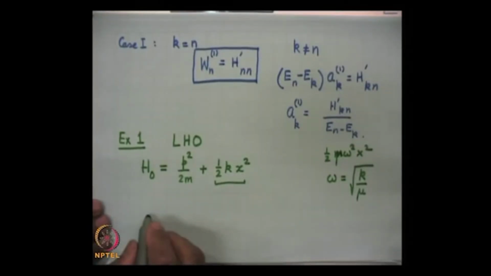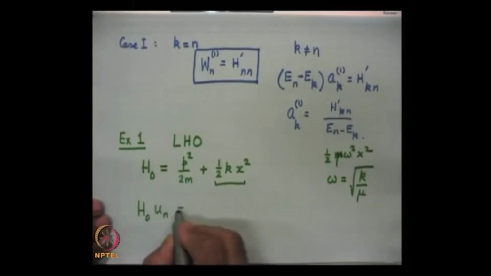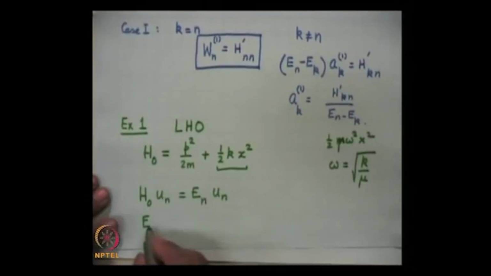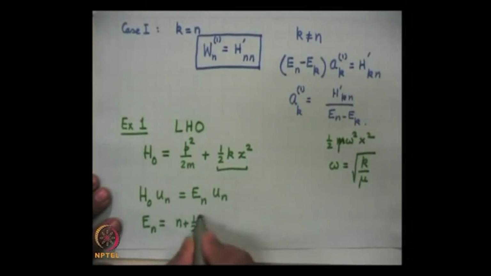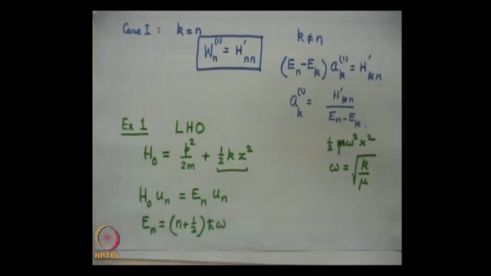Now, we know the eigenvalues and eigenfunctions of the operator H naught. So H naught u n is equal to E n u n, where E n is equal to n plus half h cross omega, and u n are the harmonic oscillator wave functions.